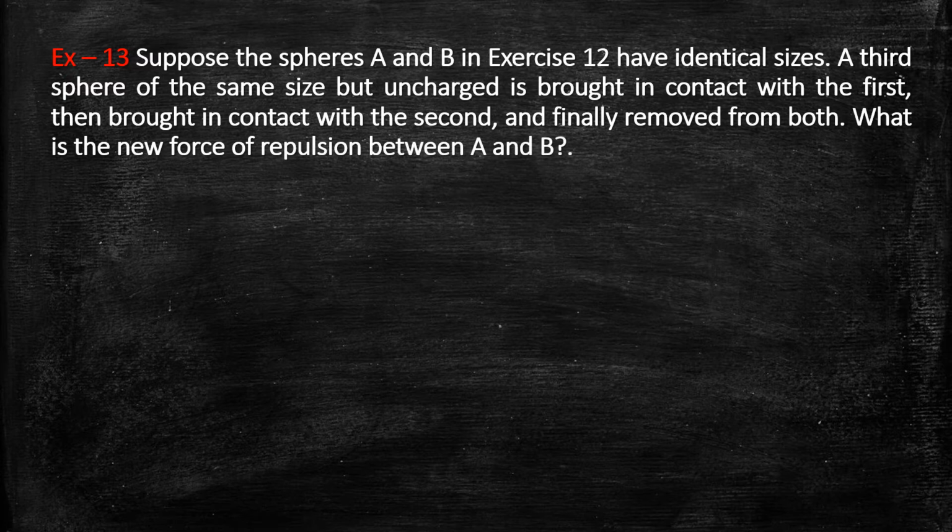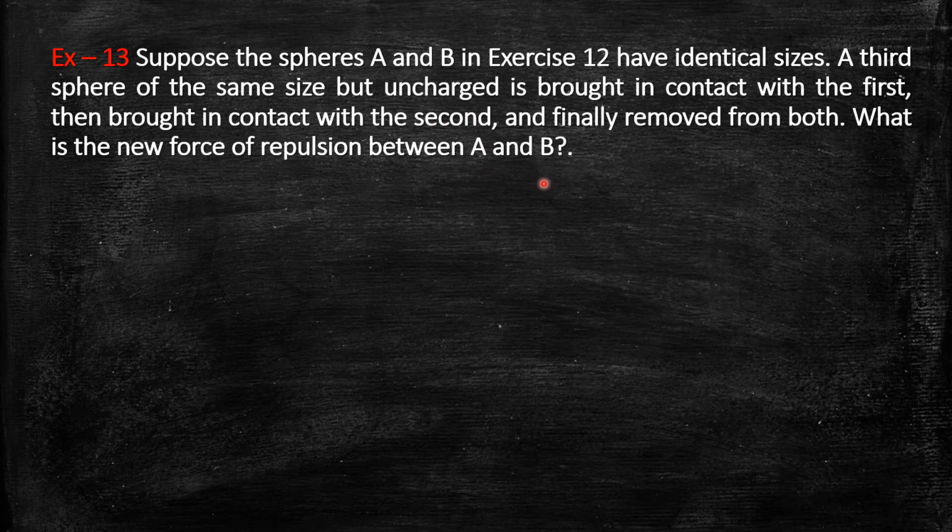A bit tricky problem it seems. First of all, why identical sizes? Does it make any difference if the size of A and B is different? The third sphere of the same size is first put in contact with A, removed, then put in contact with B, removed, and then we are asked to find out what are the changes in A and B so that we can find out force.